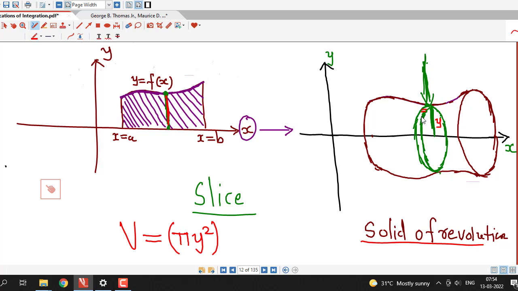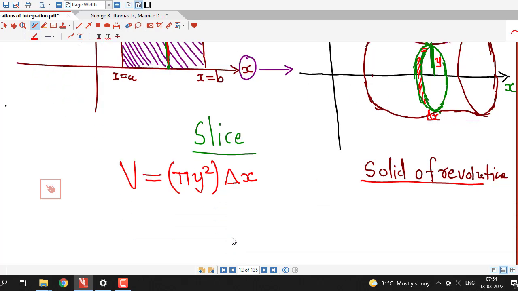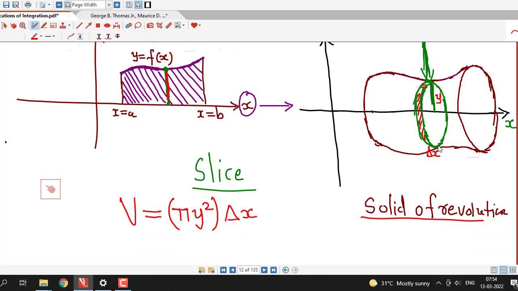So suppose the thickness of the disc is denoted by delta x, then here we have to multiply by the height or thickness of the circular disc, which is delta x. So this is the volume of one circular disc, which is the cross section perpendicular to the x-axis of this solid.